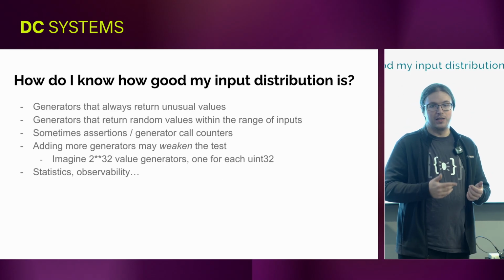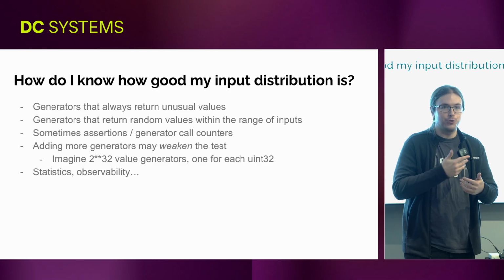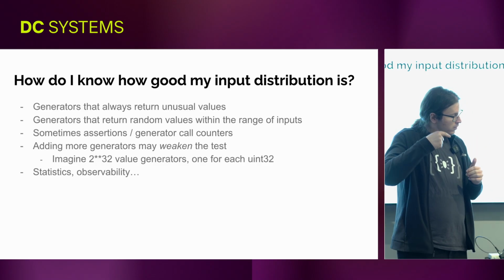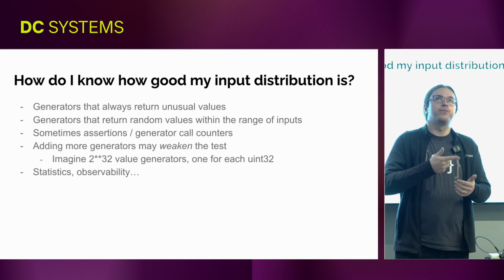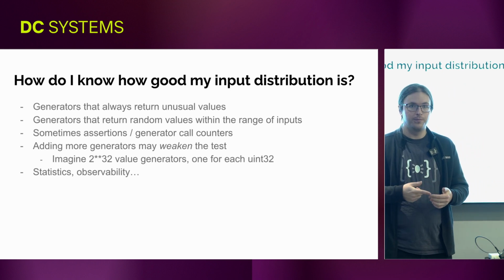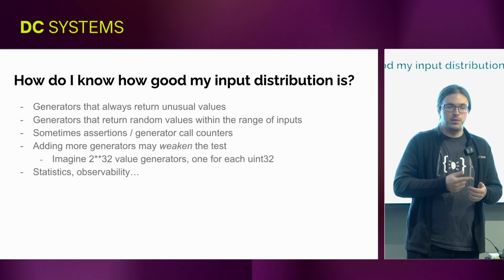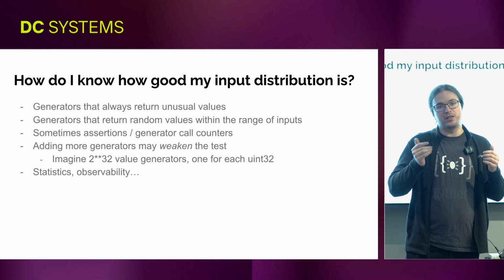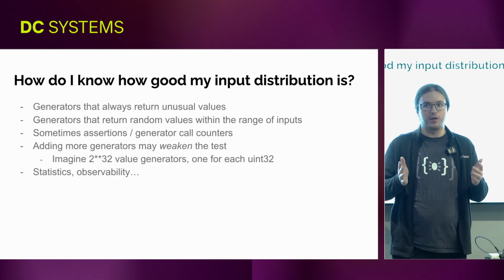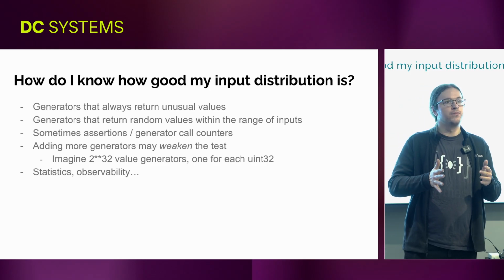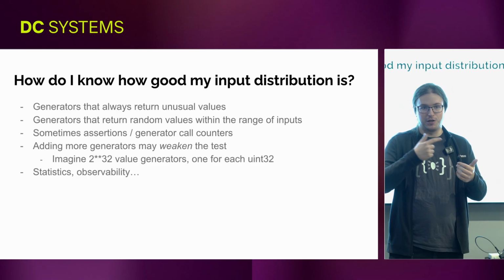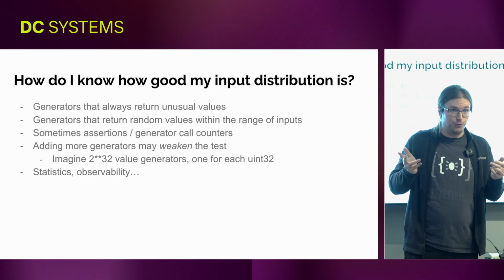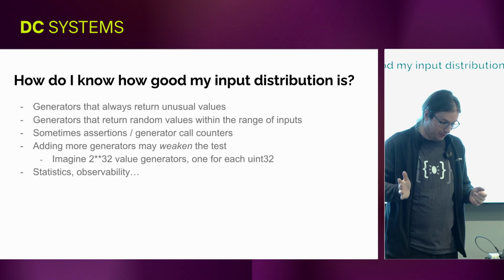But how do you know how good the input distribution is? How do you know how good you are at finding these sort of unknown unknowns? On the one hand, something that research fuzzers like AFL know is that some values are more interesting than others. If you have a function that takes a uint8 and there's a bug in that function, it's more likely that that bug happens when you give that function 0, 1, or 255 than only happening if you give that function like 37.